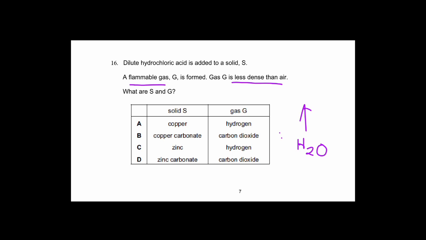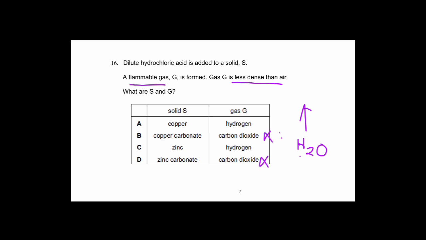That's the reason why we say the identity test for hydrogen is that it burns with a pop sound. So the only gas which is able to burn with a pop sound to form water is hydrogen. So this flammable gas should be hydrogen. We are going to say B and D are wrong answers.